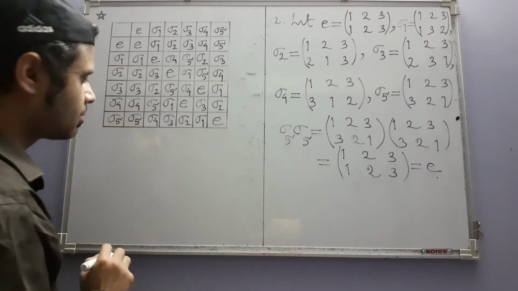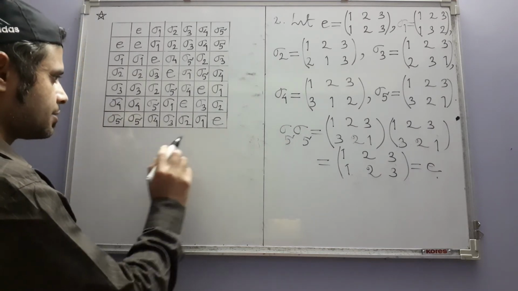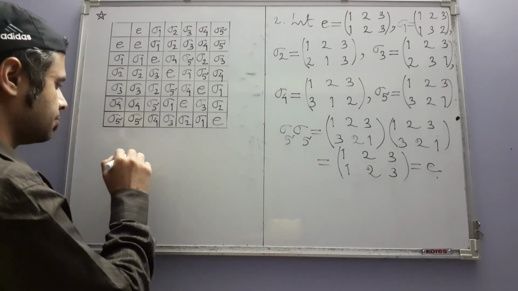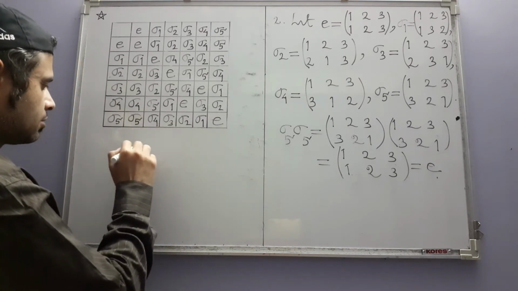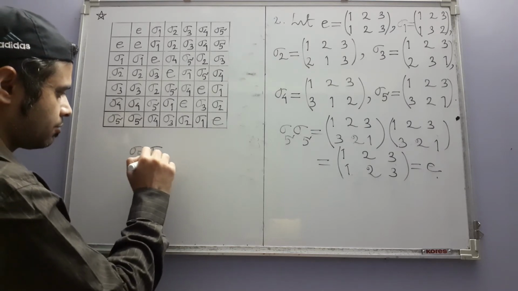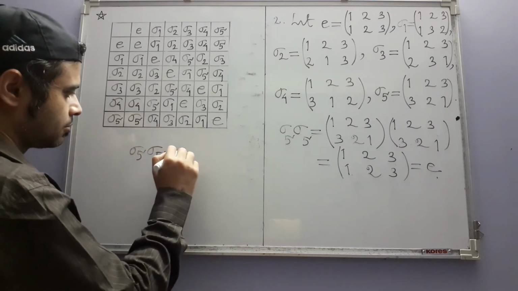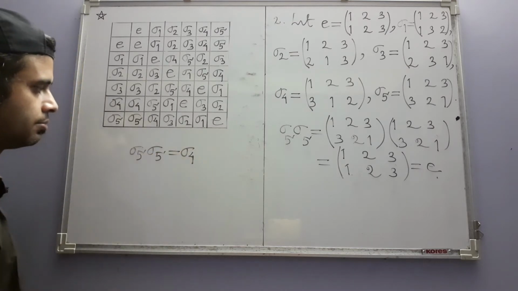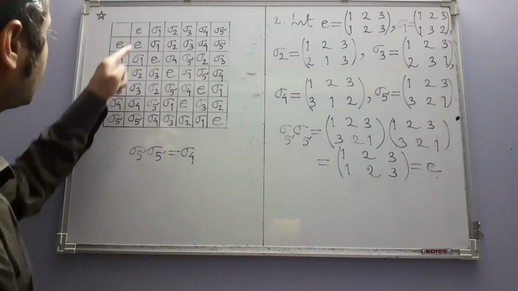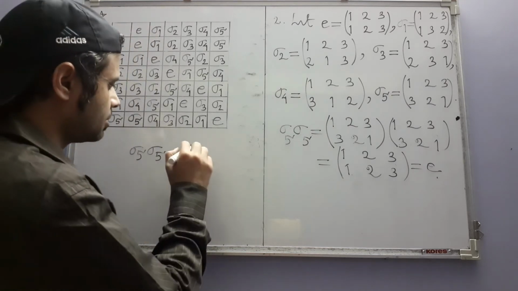Just for the sake of argument, assume that this entry is sigma 4. That means sigma 5 is sigma 4, but at the same time sigma 5 sigma 1 is also sigma 4.